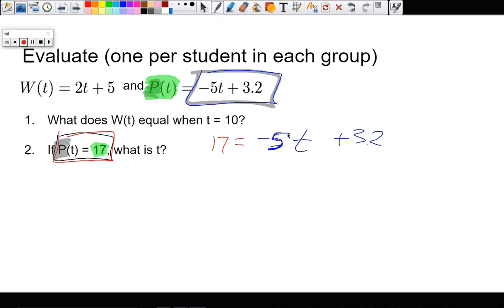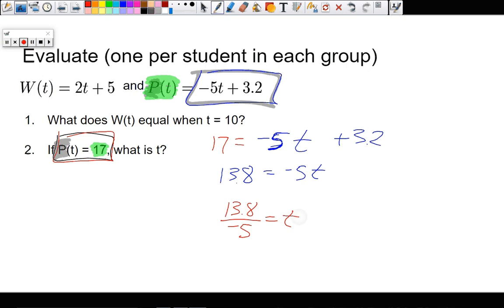So I have negative 5 times t plus 3.2, and we're going to work backwards to find t. Algebra 1 tells us to do what first? Subtract 3.2. So with a calculator in your head, 17 minus 3.2 would be what? 13.8. Nice, 13.8. You may have to do the next step with a calculator, and please do if you need to. Right here, we would divide by negative 5.